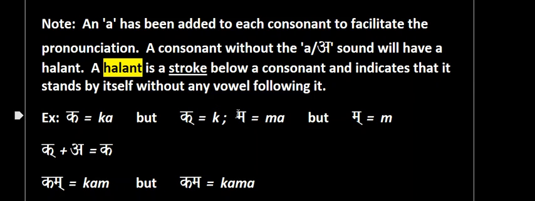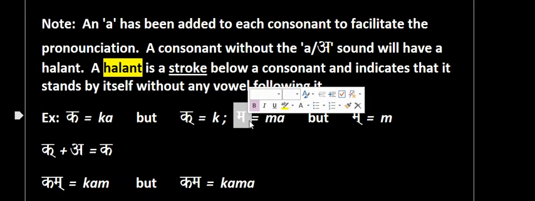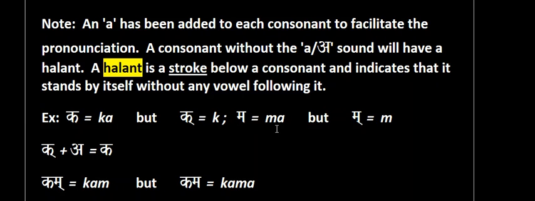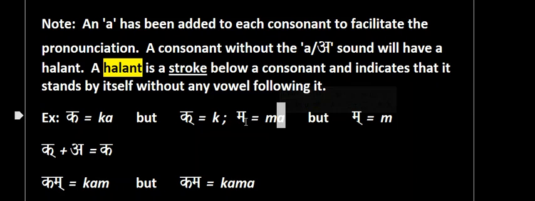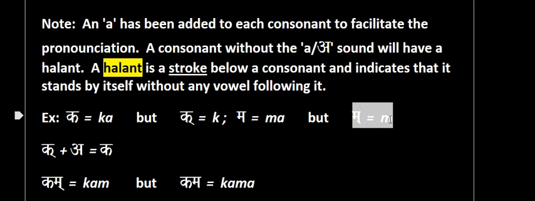Another example I have here is the consonant ma. That is m with an a sound at it, okay? And if you put a halant under the ma, then it's no longer ma, but now this syllable, the way you're going to pronounce this is m.